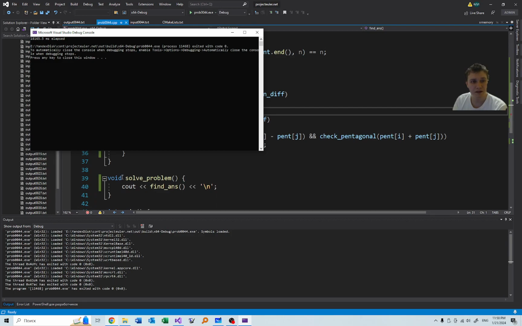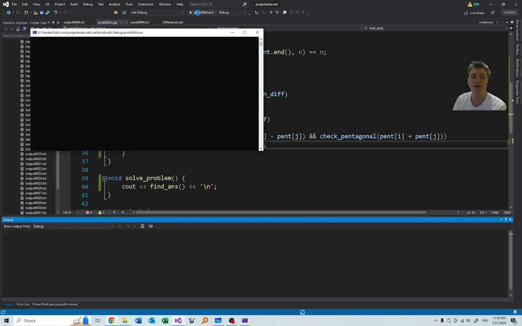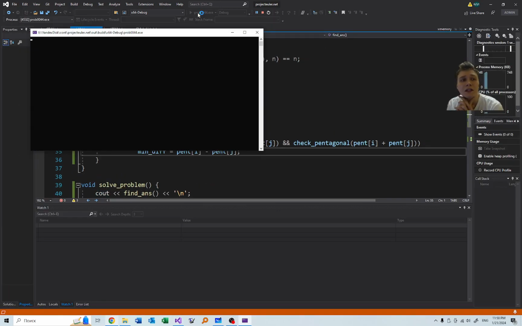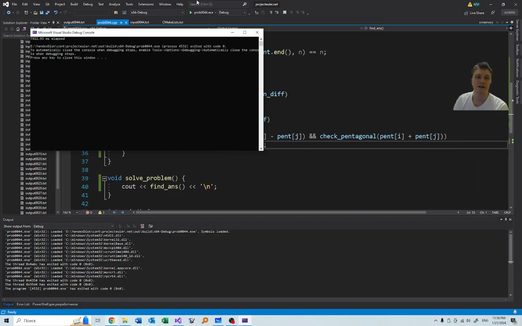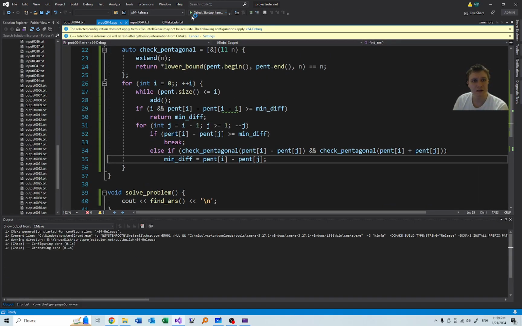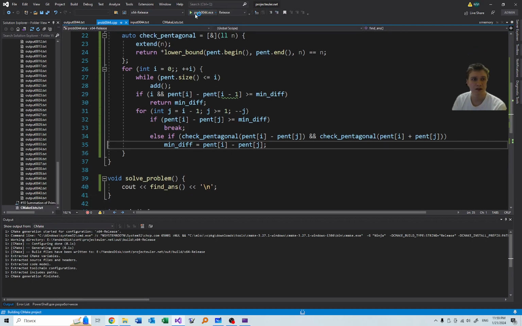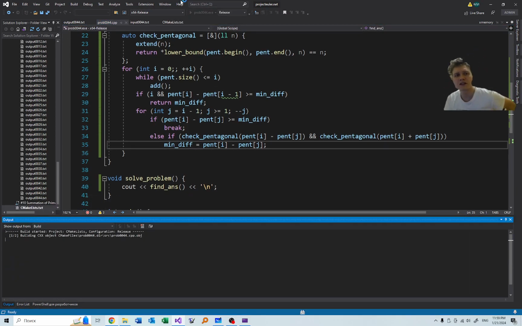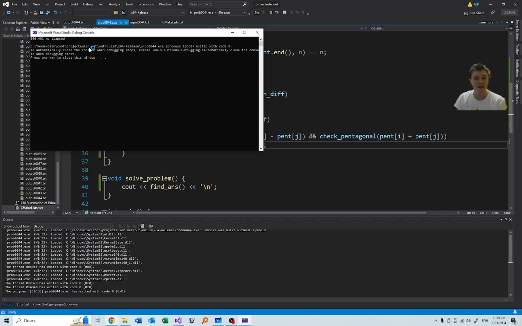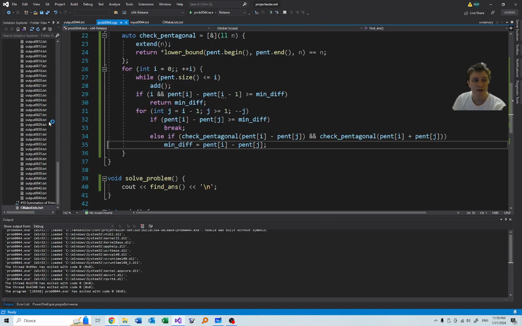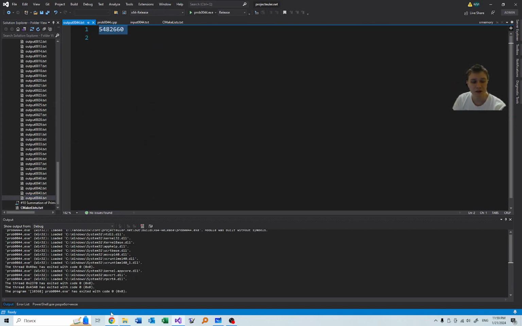It spent like 13 seconds, or 8 seconds. However, if we turn on release, it works really fast. It works like in 1 second, I think, even faster. Okay, then we have this number and we can print it.